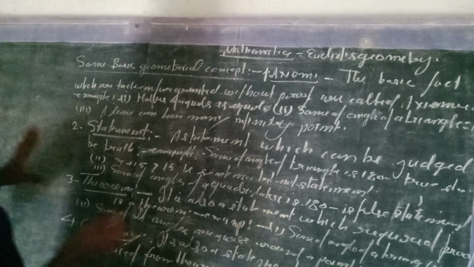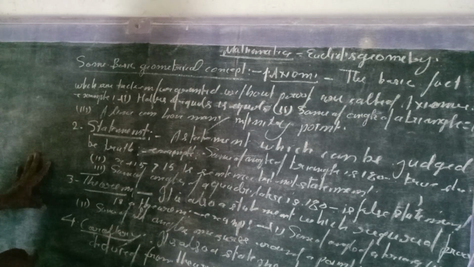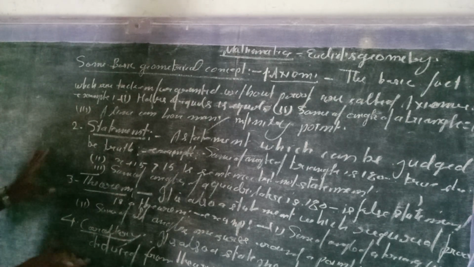It is called a corollary. And these are the four basic concepts of geometry.